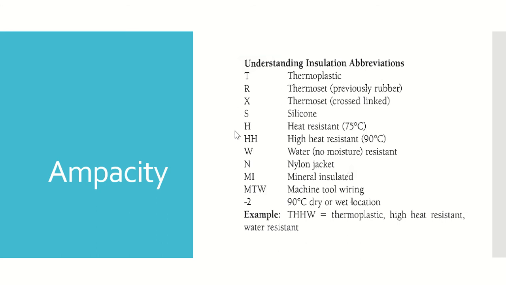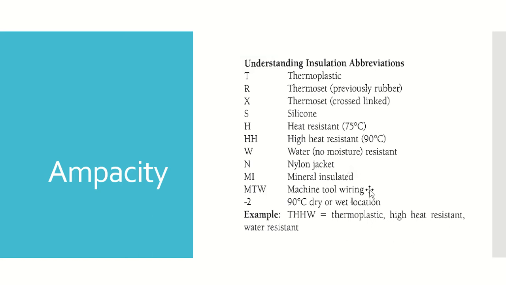S would be silicone. H is heat resistant for 75 degrees C. The double H would be high heat resistant, so this is a high heat jacket, 90 degrees C. If there's a W in it, it's water moisture resistant. N stands for nylon jacket. MI is mineral insulated. This is a special type of cable, kind of a pain to work with. MTW is machine tool wiring.